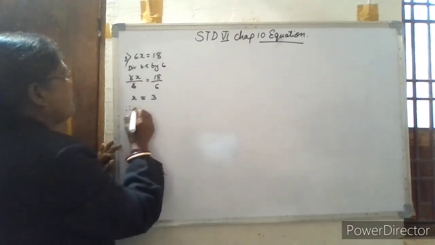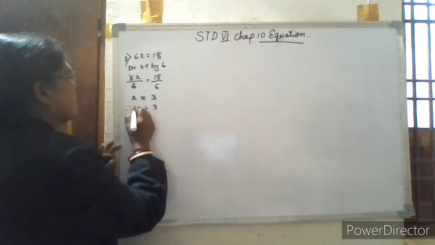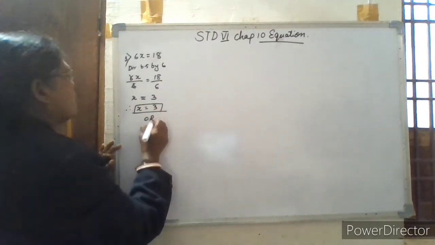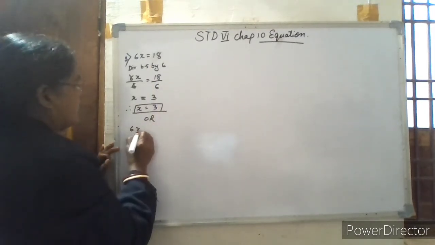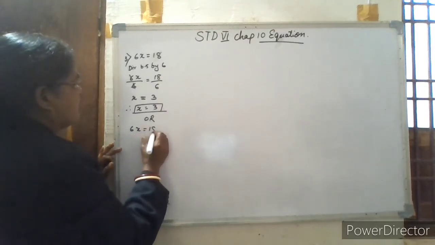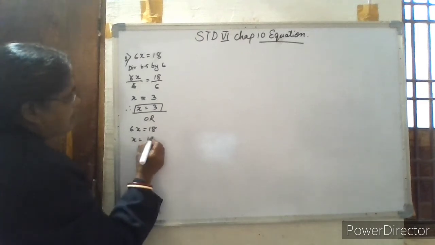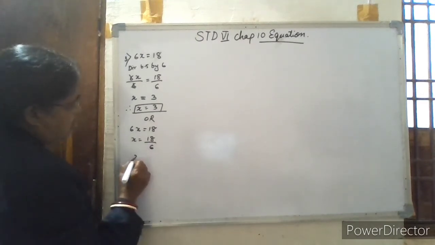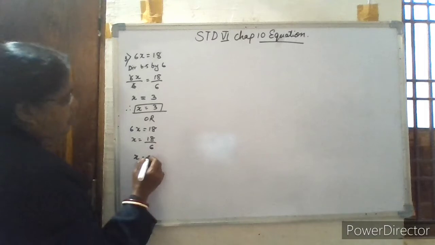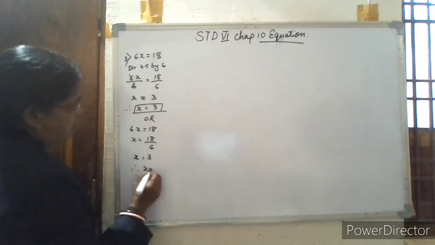Therefore x is equal to 3. Or by the second method, take the equation 6x is equal to 18, so x is equal to 18 divided by 6. 6 threes are 18, therefore x is equal to 3.